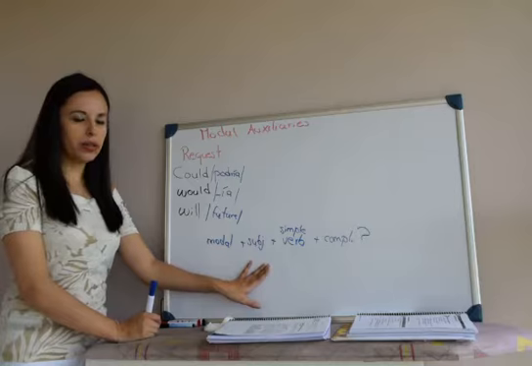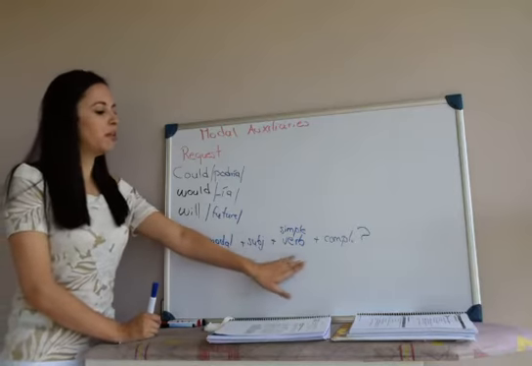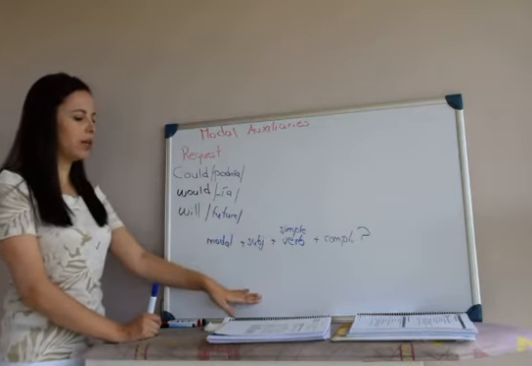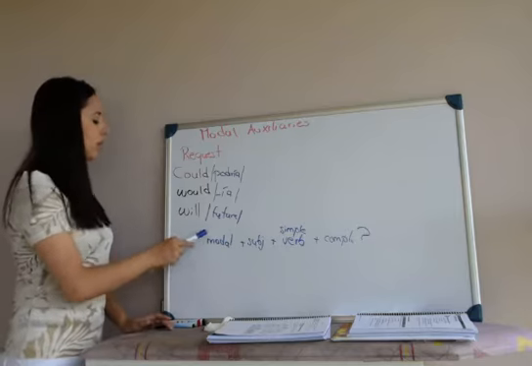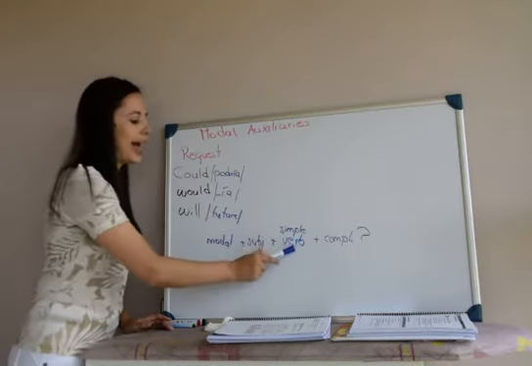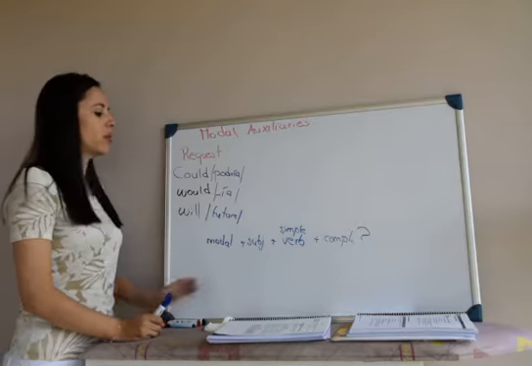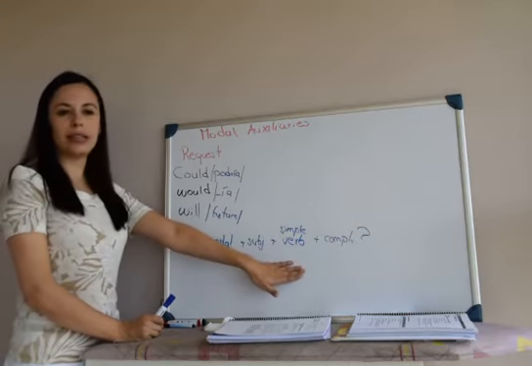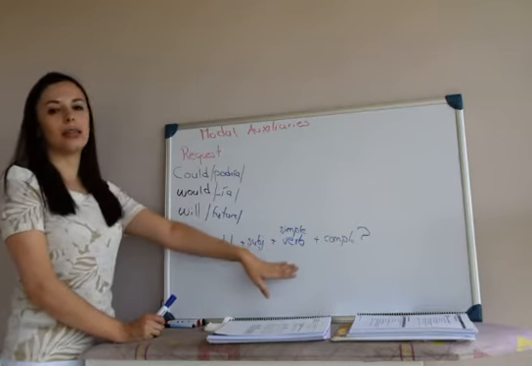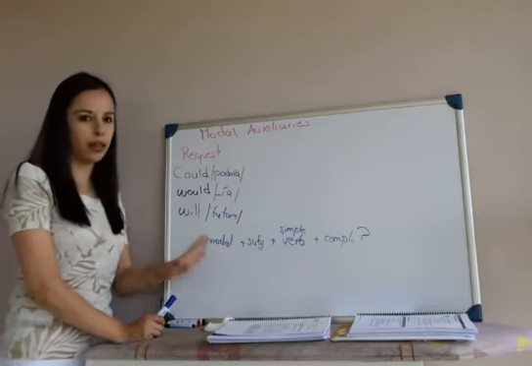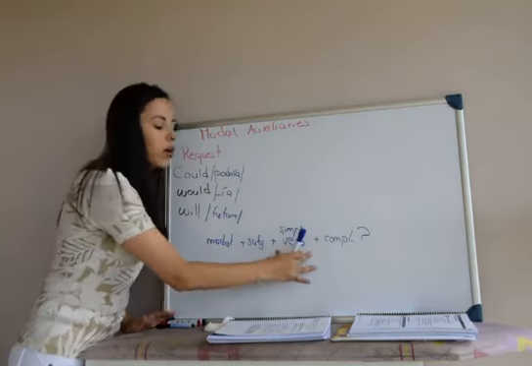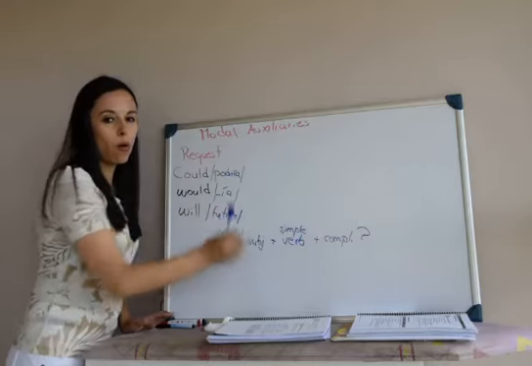Then you follow with the subject, simple verb, and complement. Remember that whenever we have a modal auxiliary, we always have a simple verb. So that means that the verb doesn't need s, it doesn't need ing, it doesn't need anything. We have modal, and the verb is always simple.